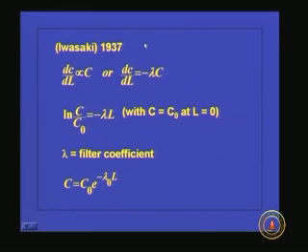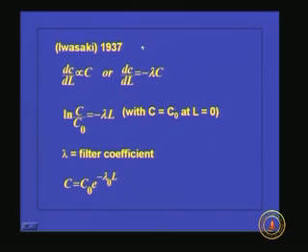Iwasaki in 1937 developed this equation, showing how the filtration efficiency depends upon the length of the filter. He has shown that the rate of change of concentration of the suspended particle with respect to length is proportional to the concentration of the suspended particle, or we can write it like this: dC by dl equal to minus lambda into C, where lambda is a constant known as the filter coefficient.